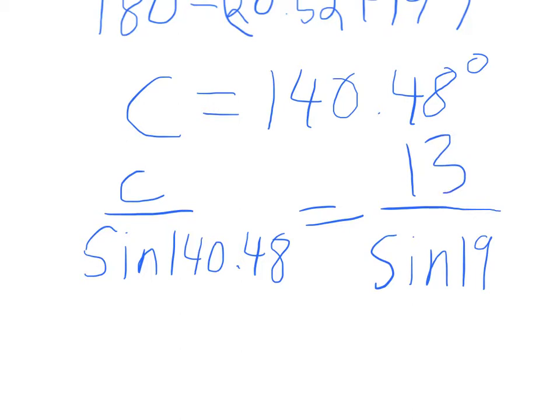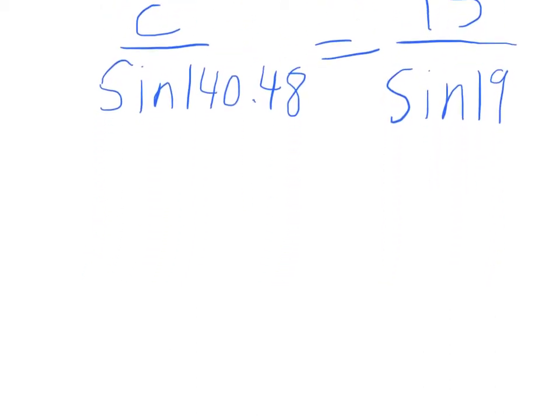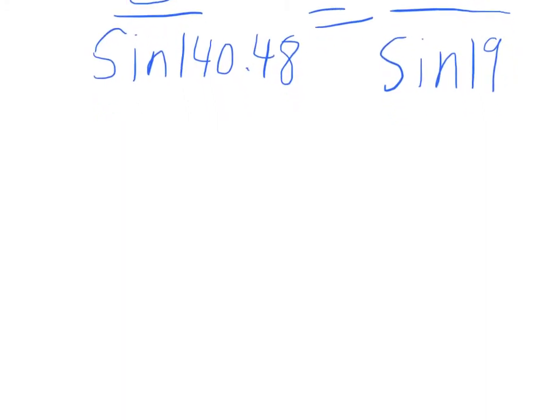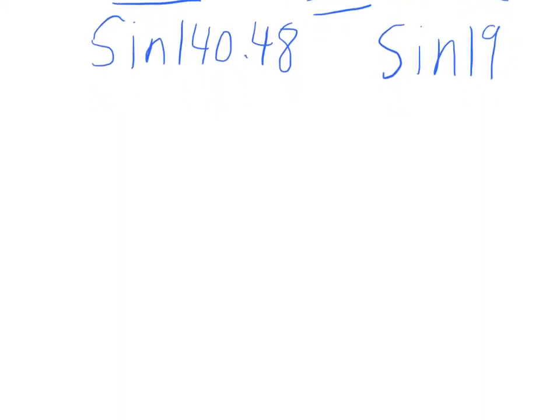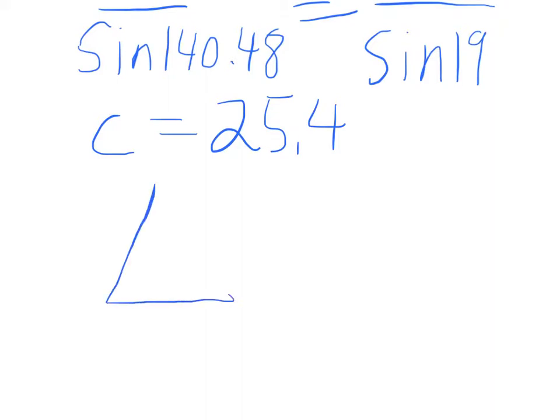And when you cross multiply and do that work, if you have questions and want to see the work, just see Jacob Perry. You get c equals 25.4. And now you have solved this triangle.